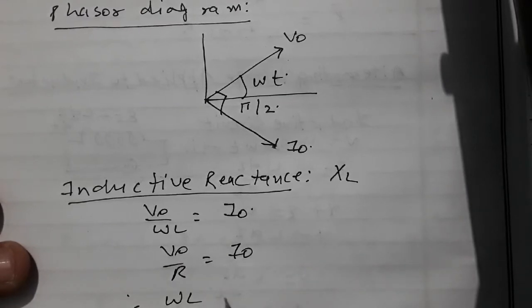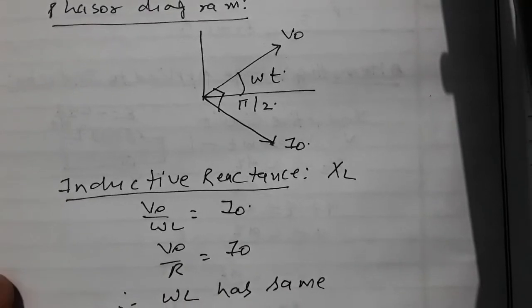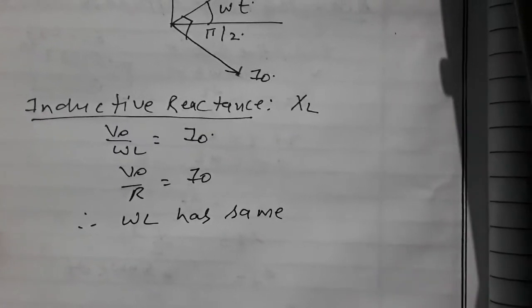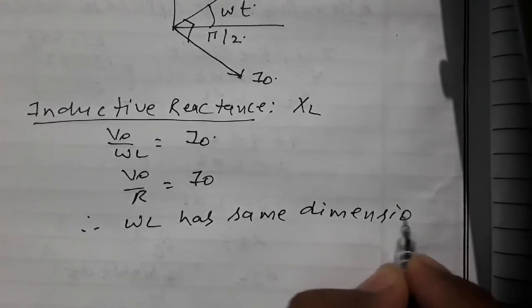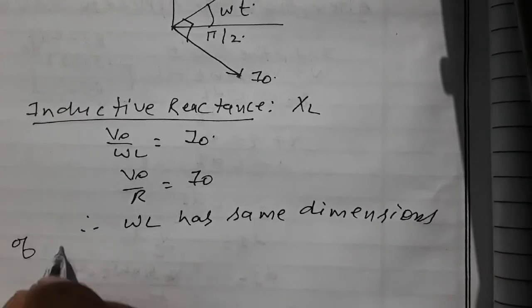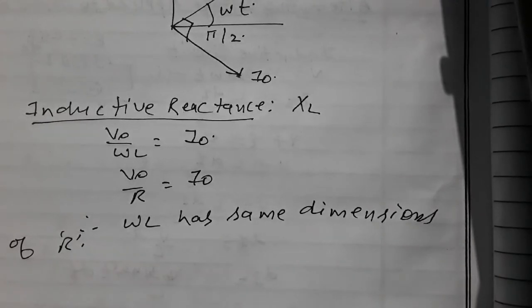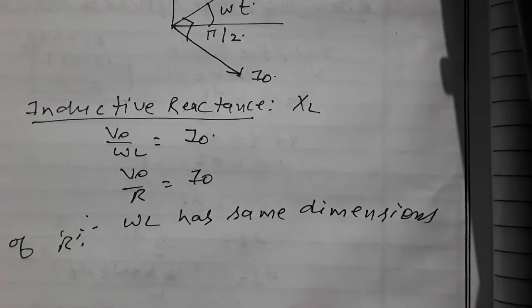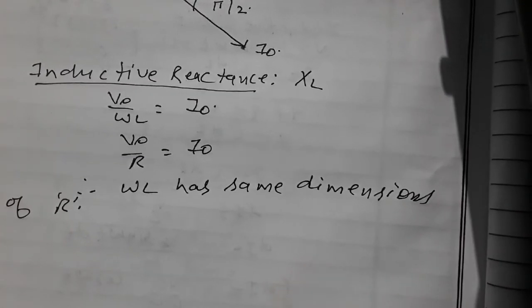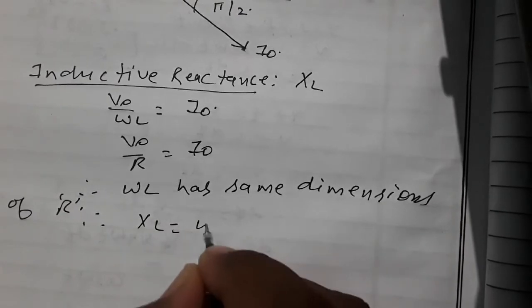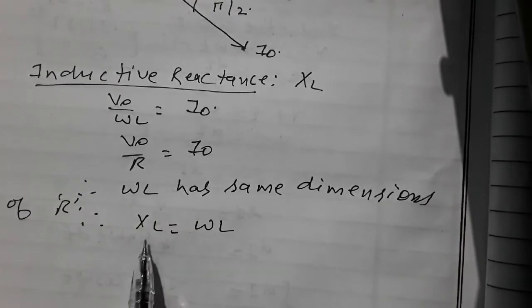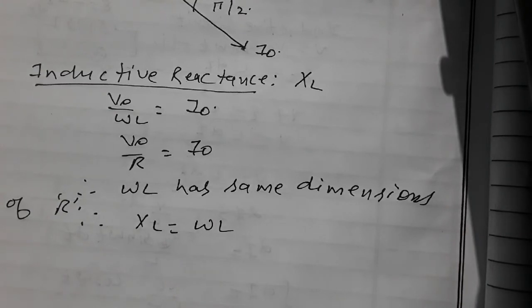So omega L has the same dimensions as R. The function of capital R is to oppose the current. So we can say here this XL is equal to omega L. So this is the effective opposition offered by the inductor to the flow of current.